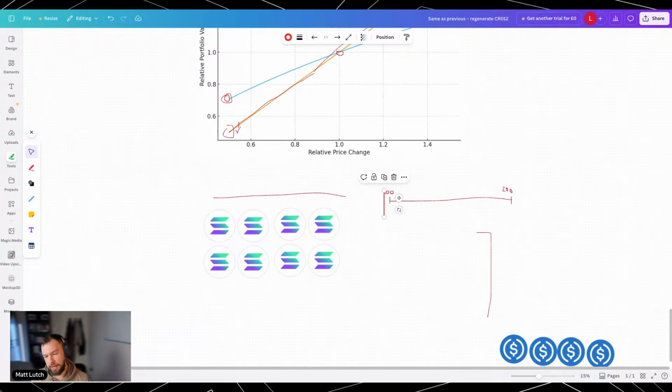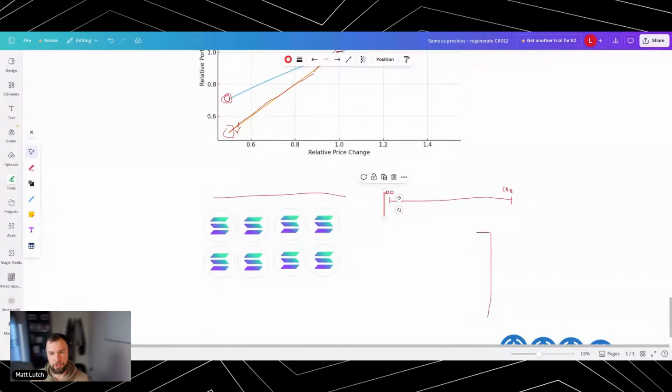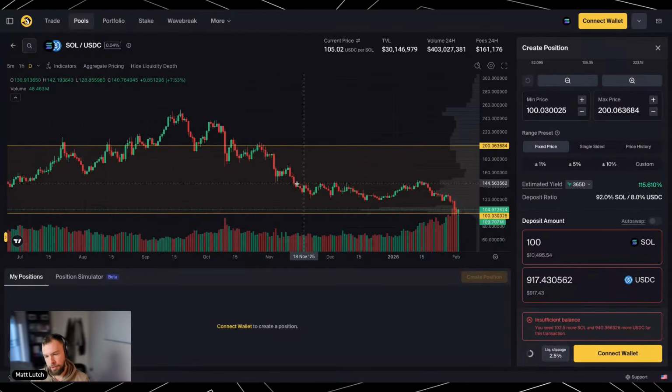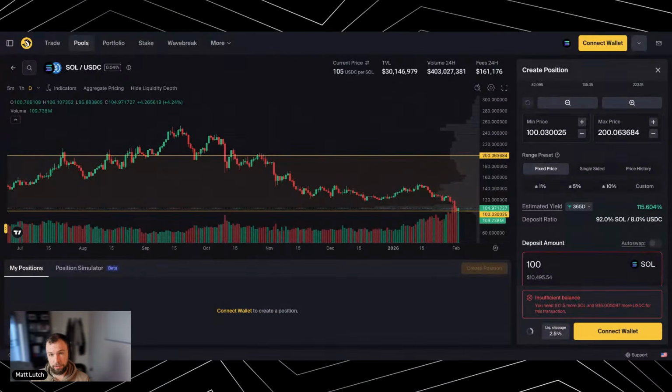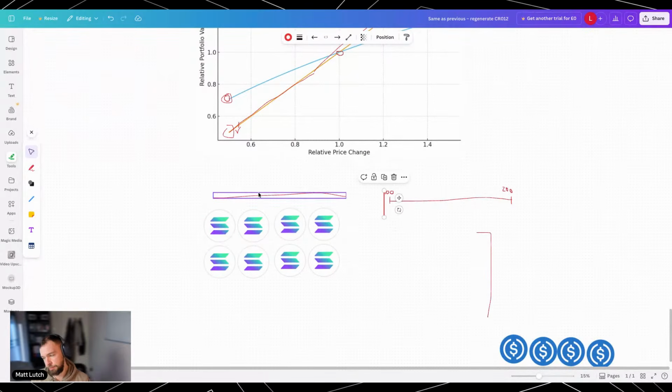Now, obviously, the idea is if you set this pool up back here, you would have generated a decent amount of fees. You're left with some Solana and you've made money.